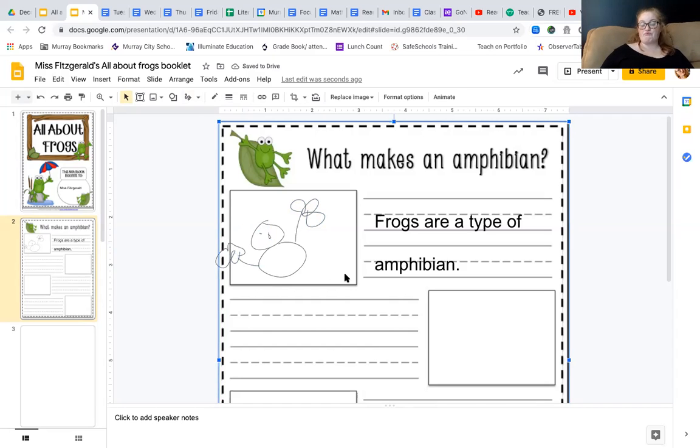So frogs are a type of amphibian. I want you to draw your picture. You have about 2 minutes to draw and color your picture. Frogs are a type of amphibian is what you should have written, and you should have drawn a picture of a frog. My frog is little, kind of looks like a frog.